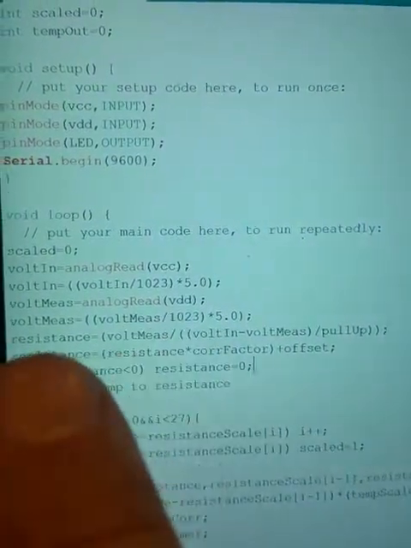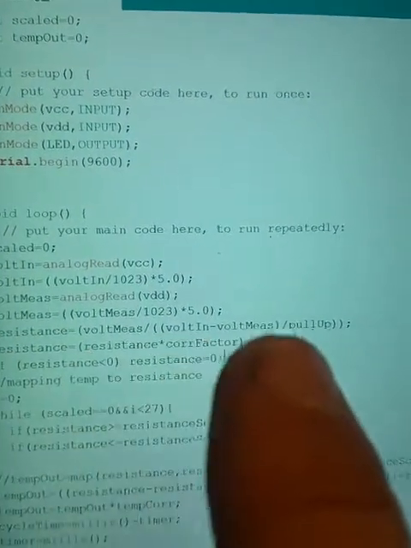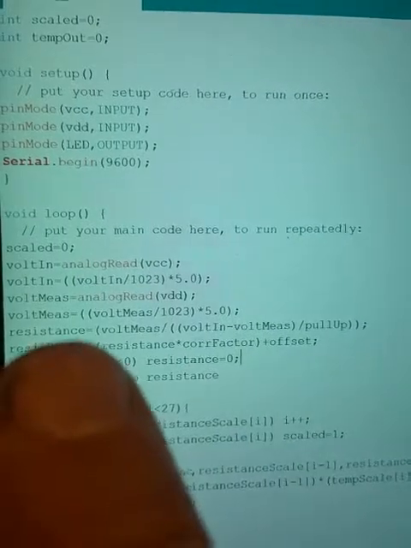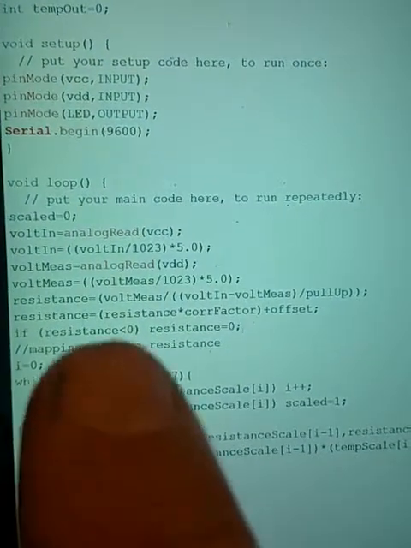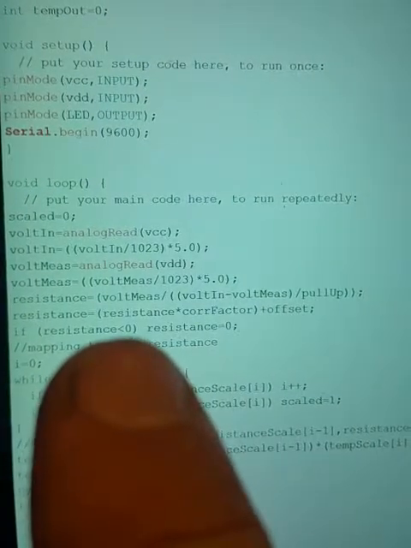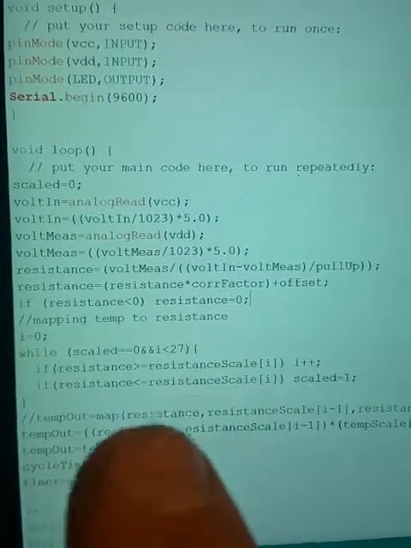Then we turn that measured voltage into an actual resistance using Ohm's law. And then this is basically just saying that if the resistance is below 0, it just equals 0, because you can't have negative resistance.